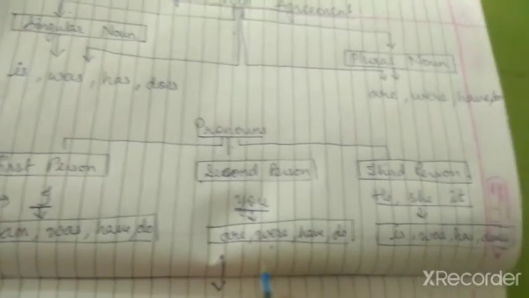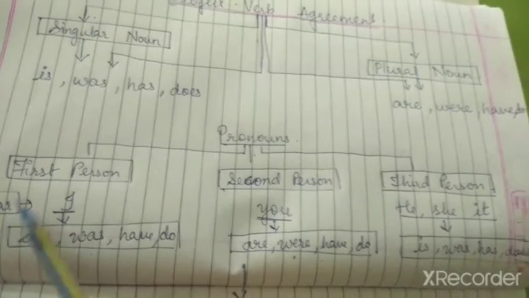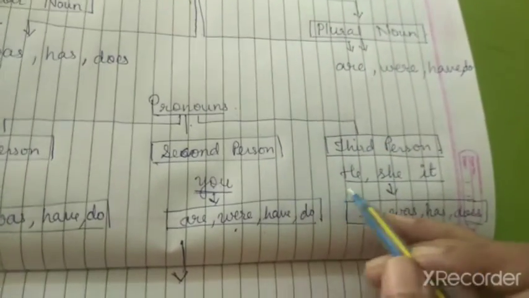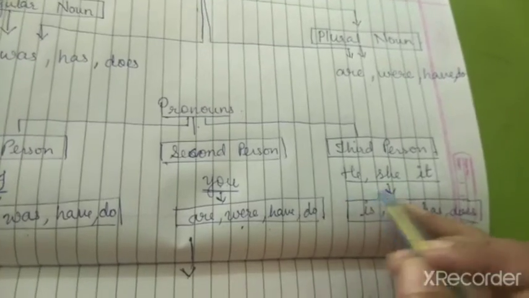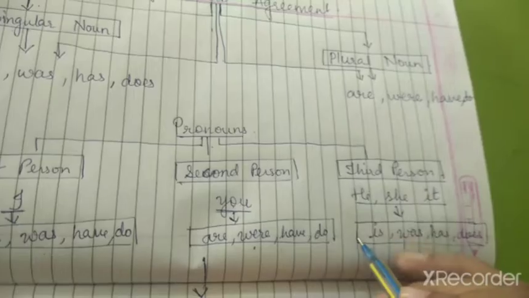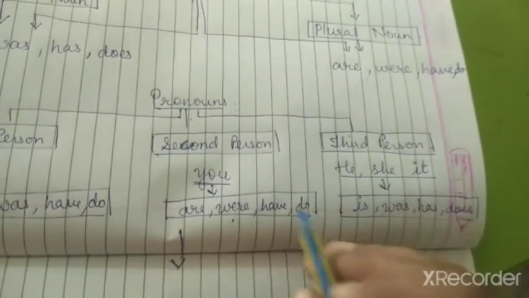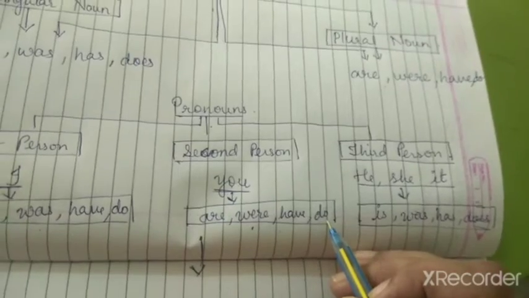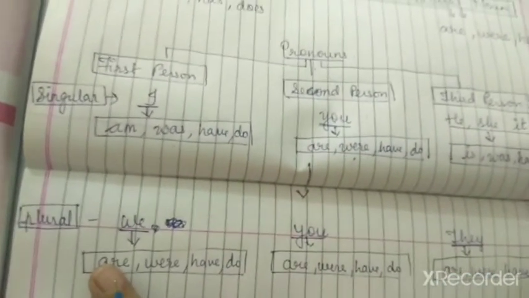Okay, now for third person singular pronoun, that is he, she, it, when the subject is he, she, it, we will use is, was, has and does for these three subjects. Okay, getting it?